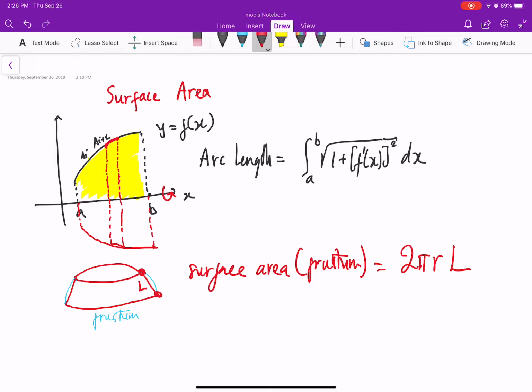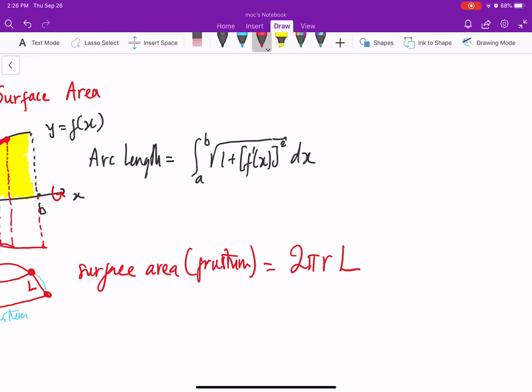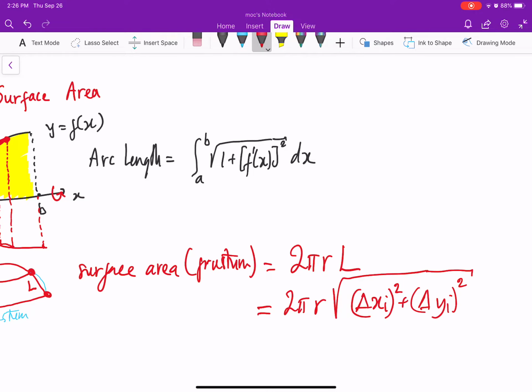So basically L is the distance from here to here, from this point to this point. And we know the distance formula between those points. So that is 2 pi r times the square root of delta x_i squared plus delta y_i squared.